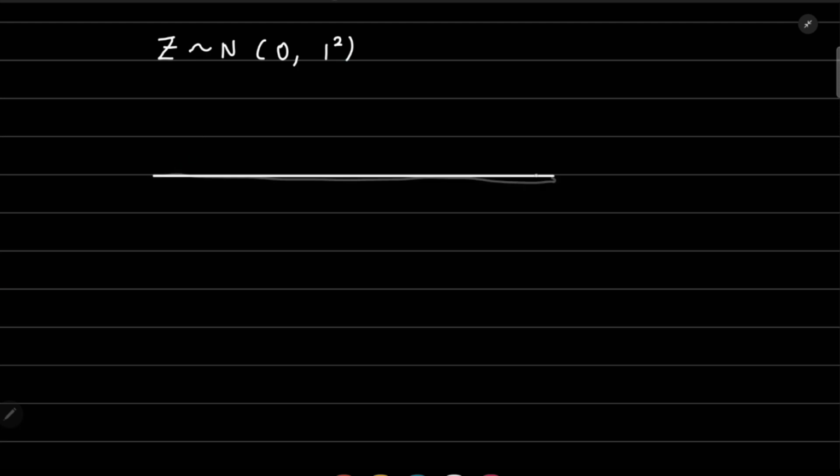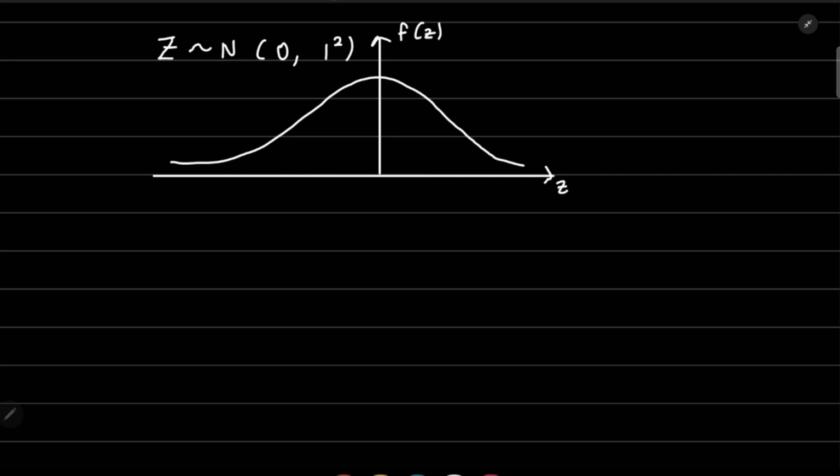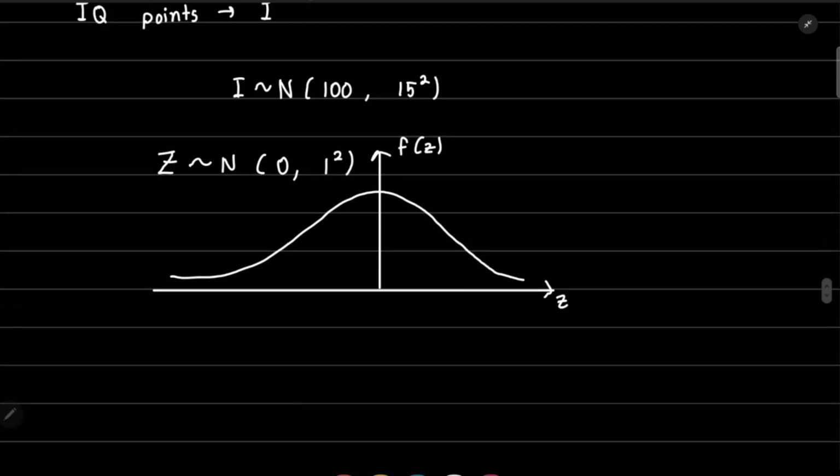It looks like this. And this is the y-axis over here. This is x, this is f of x. Sorry, this is z, this is f of z. So by comparing any kind of normal distribution, if I have the IQ point distribution over here, I'll first convert this into the standard one, and then use the standard one to calculate our values.